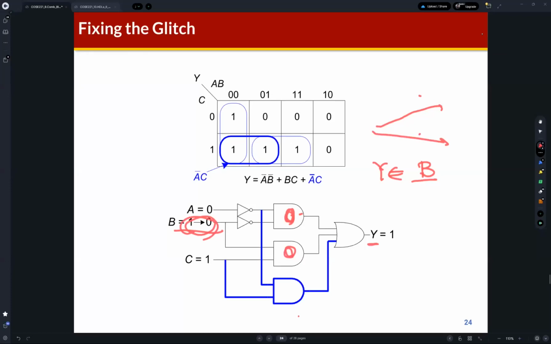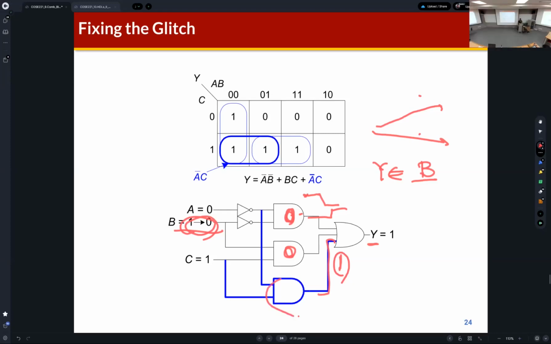Always one. So even though B changes like this, M1 changes like this, and then M2 changes like this, right? But because of this value, this is always one, so Y always stays one. So by adding this gate, we can avoid the glitch.